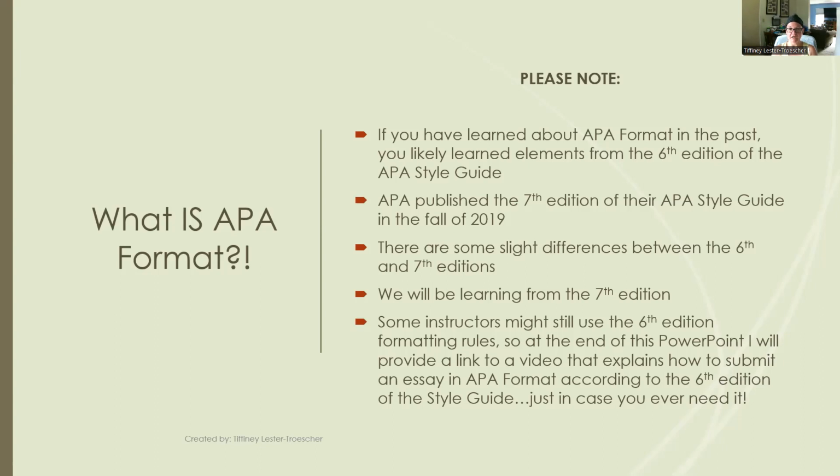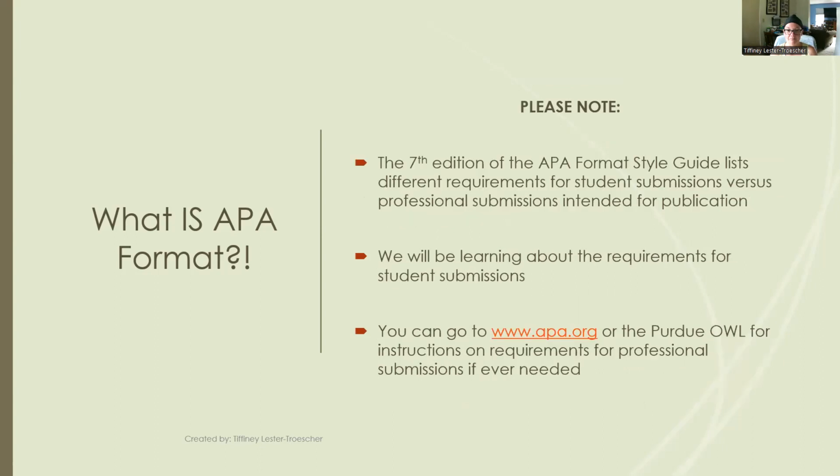And especially because in the 6th edition, every type of APA format or document was considered the same. So if you were a student writing a research paper in APA format for one of your classes, you had the same exact guidelines as a professional in the field who is publishing in a peer-reviewed journal using APA format.